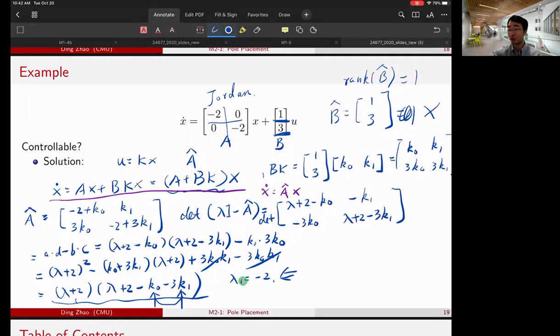Fortunately, this lambda 1 is negative, so it's stable. So it's not controllable, but it's stabilizable, right? But if this is a positive eigenvalue, then this will be very, very hard to work with. Any questions so far?